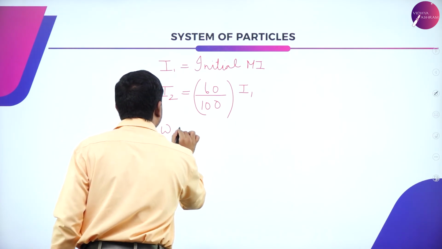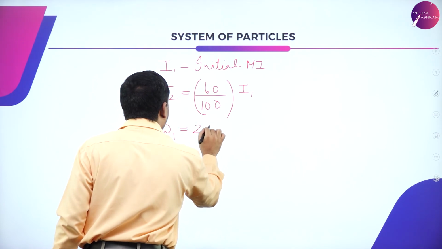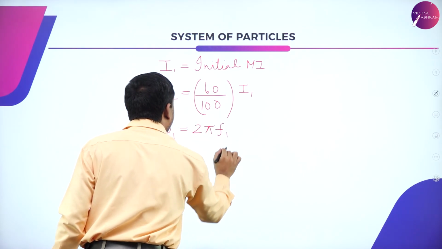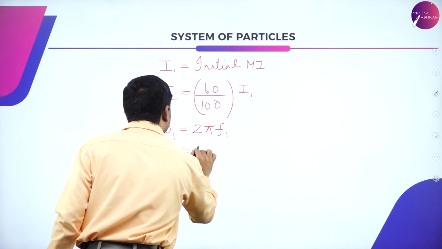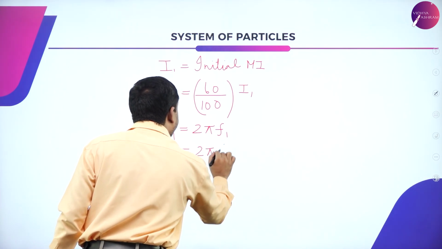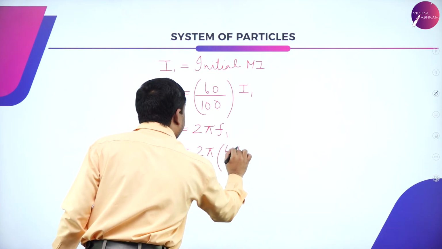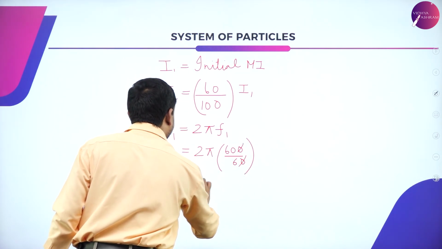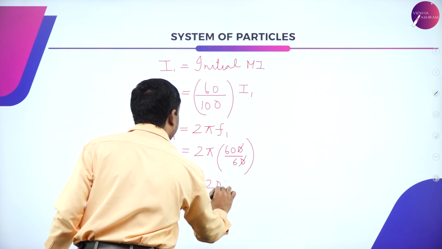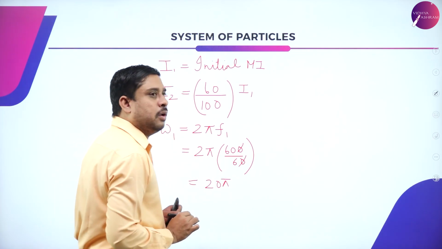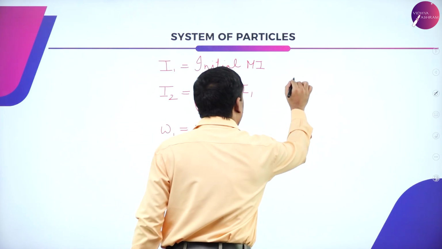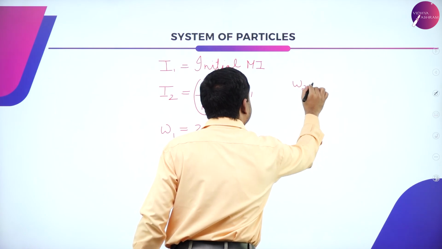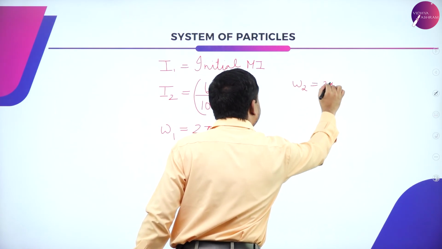Omega 1 is 2 pi f1. 2 pi f1 is 600 by 60, again 10. Omega 2 is 2 pi f2.